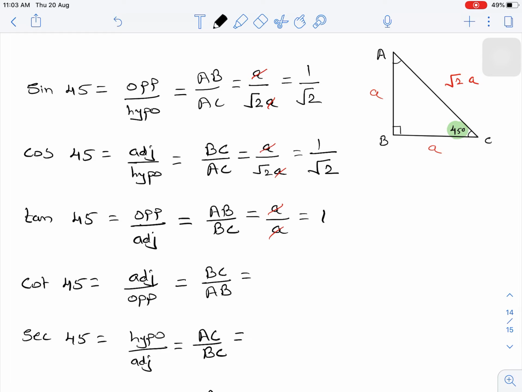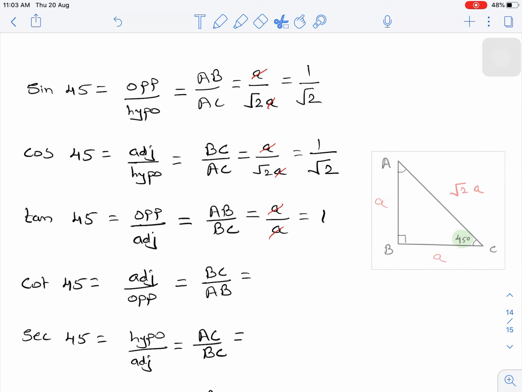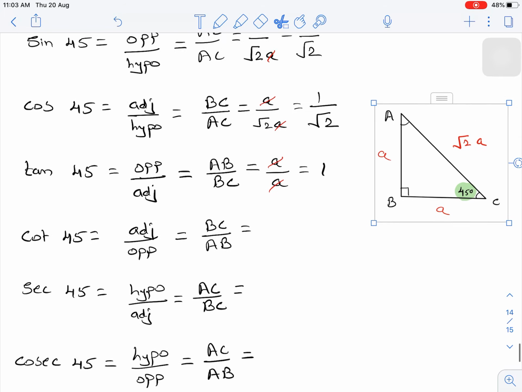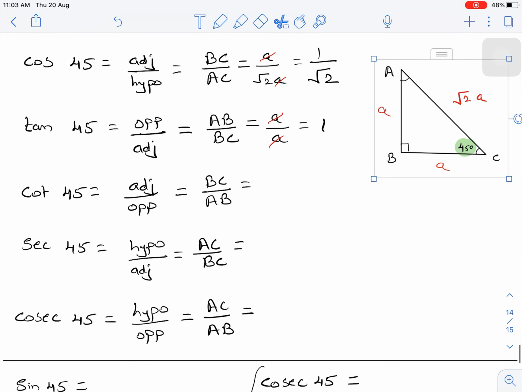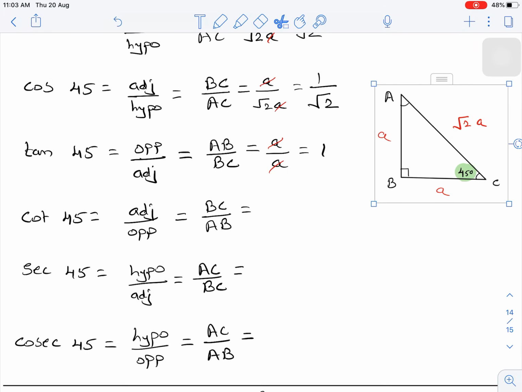Next one, now cot 45. So I will do one thing, I'll copy this figure a little bit downside so that it will be easy for us to understand. Okay, so now cot 45, cot of any angle equals to adjacent upon opposite.